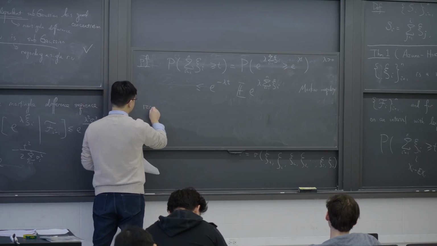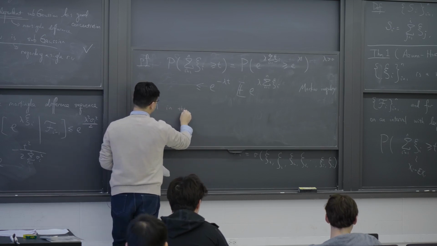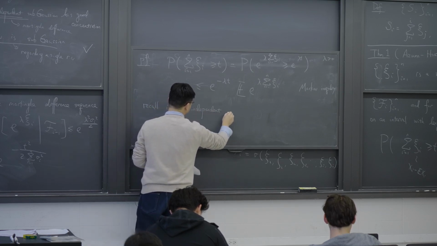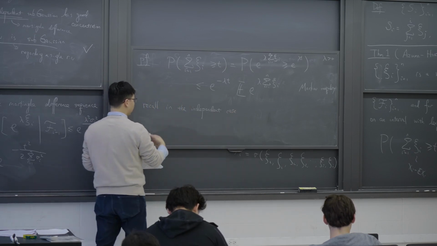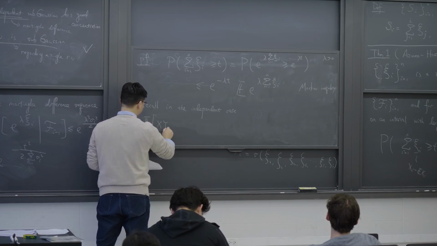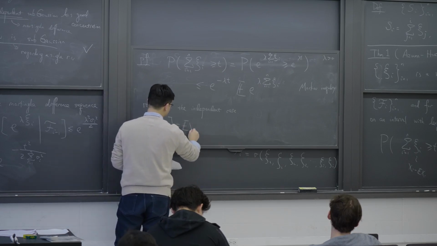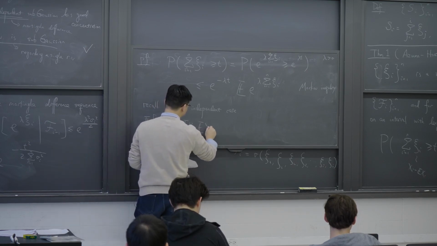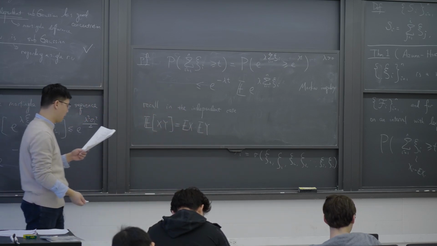So let's first recall what we used in the independent case. In the independent case, we use a very important equality, that is for independent random variables, the expectation of the product is equal to the product of the expectations of each random variable. So we have E of XY equal to EX times EY.